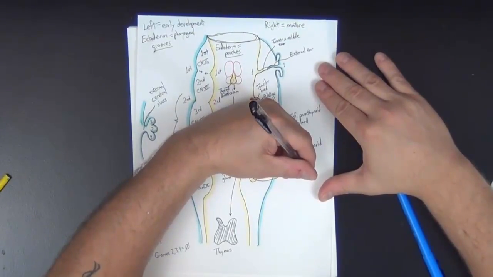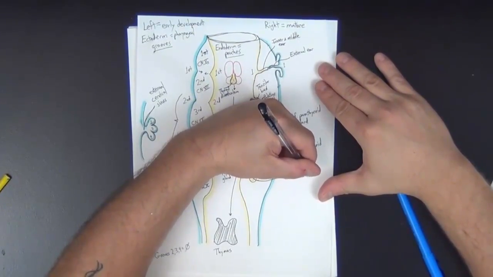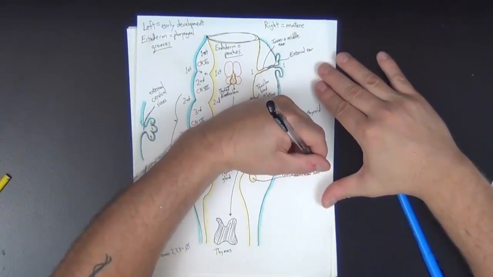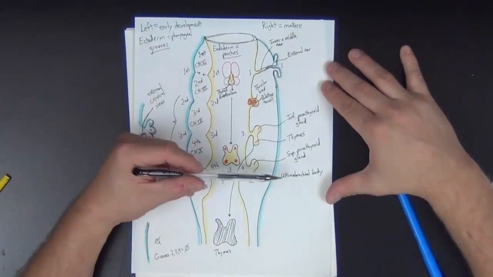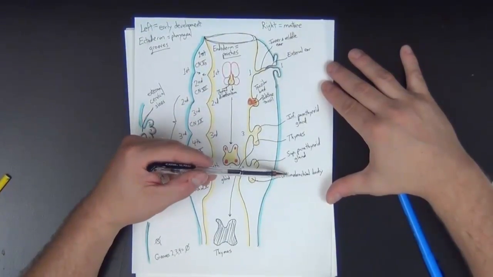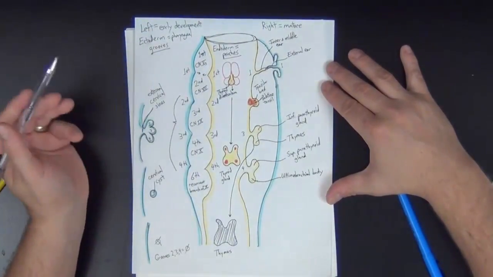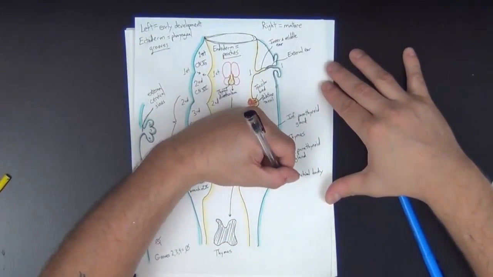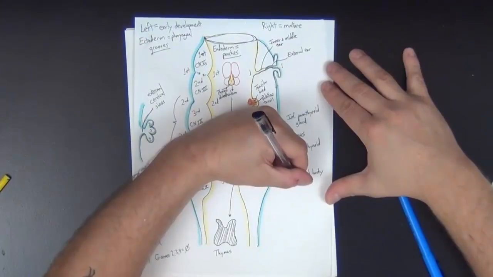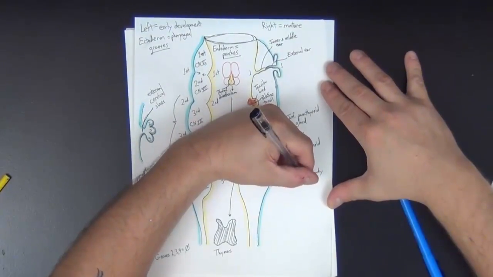All right, now last up, and last up is actually literally correct here, we have the ultimobranchial body. I hate this word. What it means is ultimobranchial body, last thing to come from the neck. Great. Ultimopharyngeal body, it'll also be referred to as, what you need to know about is that it produces the C cells of the thyroid gland.